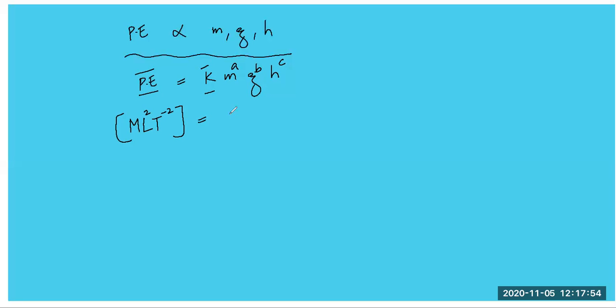M raised to power a. g is LT^-2, acceleration, raised to power b. So what will h be? Yasmin, can you say? h is height, and height is distance, so it will be L, length, raised to power c.